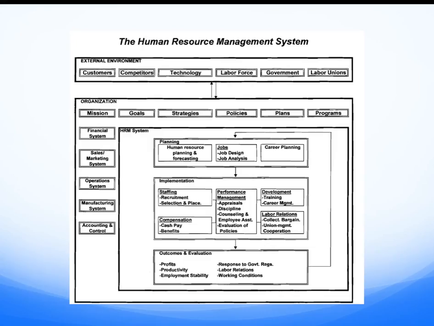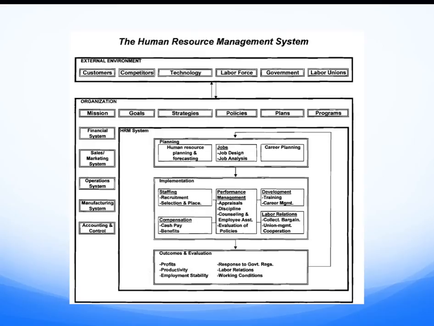Going into the first slide, we go back to the Human Resource Management System model, and what I'm trying to get at now is actually the bottom box, the outcomes and evaluation of HR practices. How do we assess our planning and our implementation activities and ensure that we are accomplishing what we set out to accomplish?